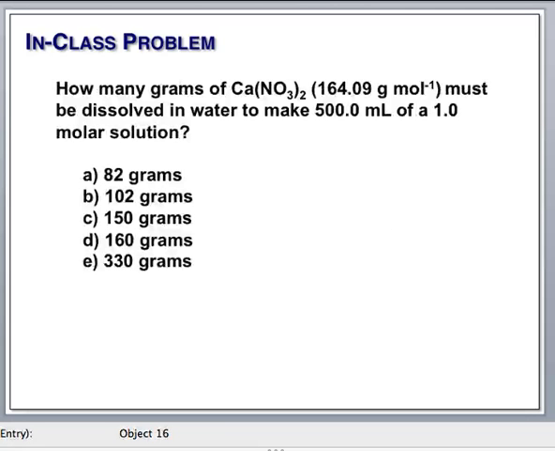We're looking to make half a liter. We want it to be 1 molar. Well, let's just think about this. If we wanted to make a liter of 1 molar solution, we would simply take 164 grams, wouldn't we? So we're going to make half a liter. We're going to need half of that. So that's a good place to start logically.